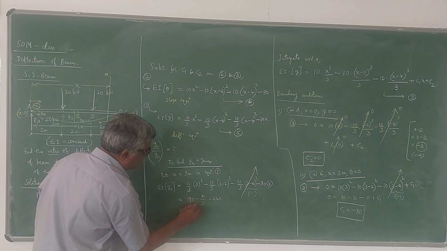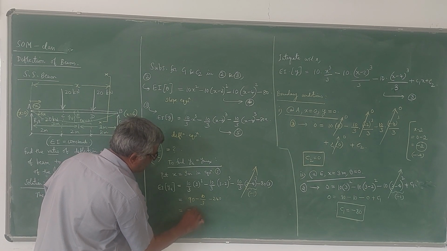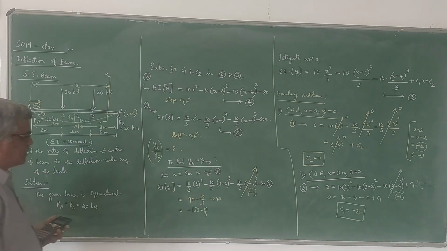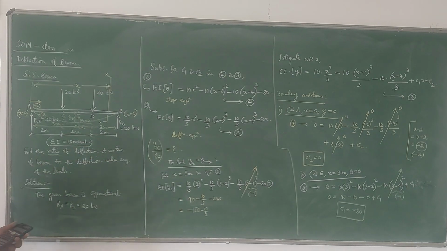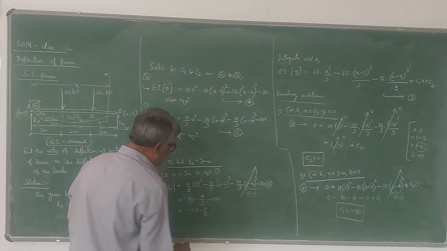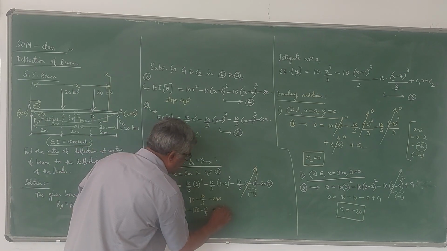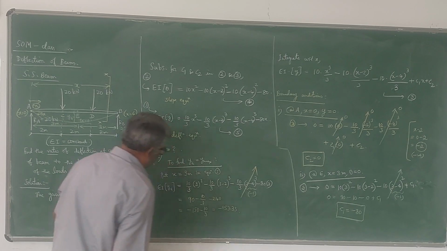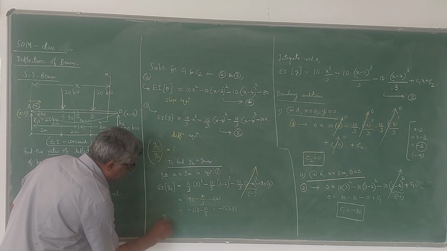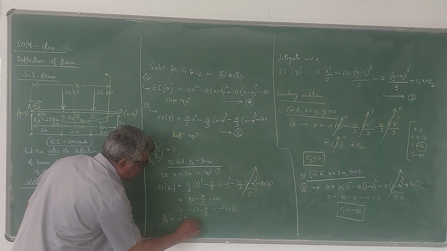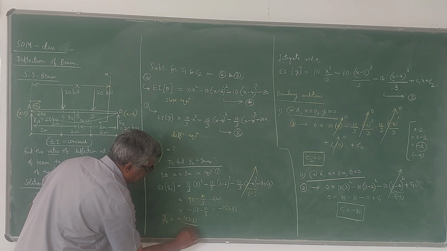If you simplify this it is minus 150 minus 10 by 3, which comes out to be minus 153.33, or in other words YE is equal to minus 153.33 divided by EI.